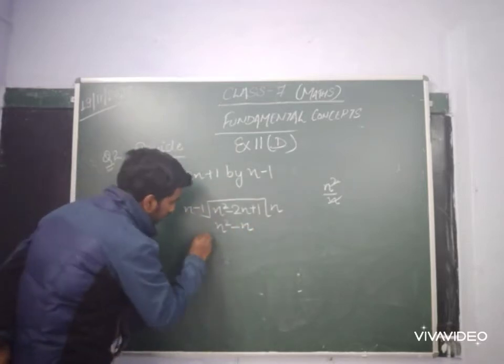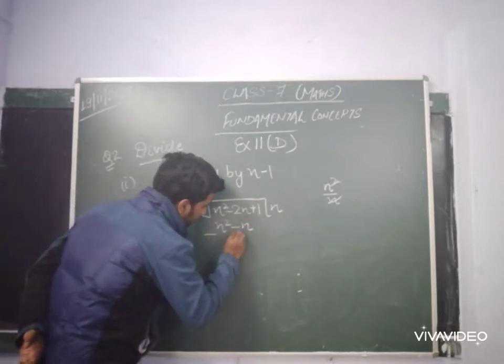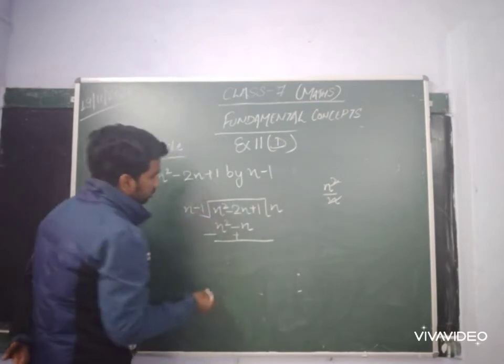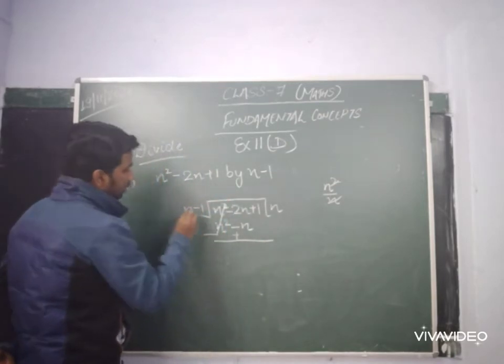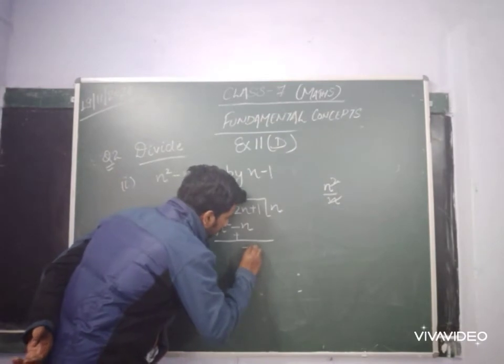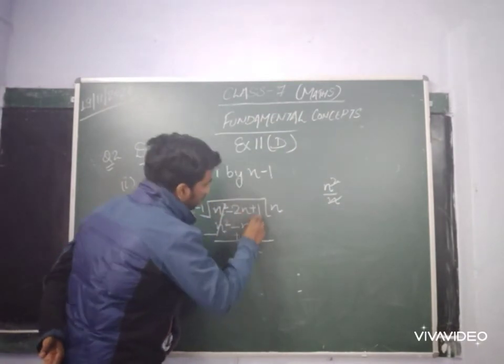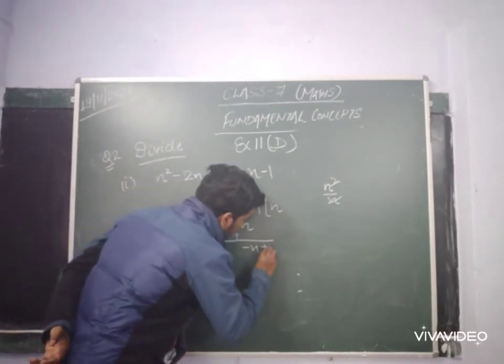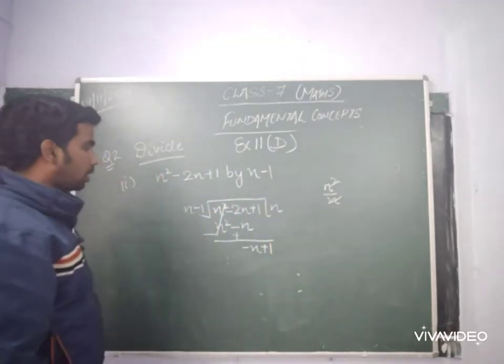Clear? Now subtract this, sign will be changed. This n square and n square will be cancelled, and from here we will get minus n and 1 will come down, plus 1. Okay?